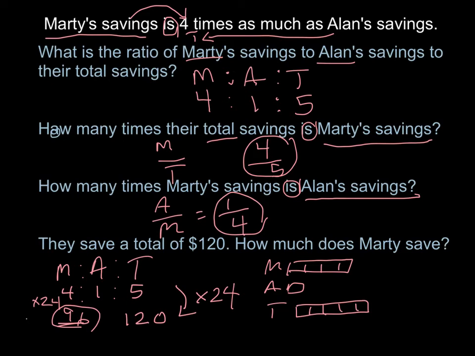And if this total was worth 120, the 120 divided by 5 gave me 24. So each of Marty's boxes would have been 24, and 24 times 4, which we just found out, is 96 for Marty.